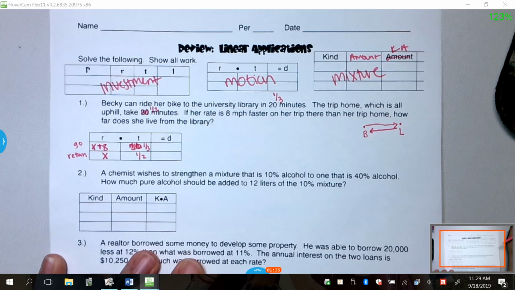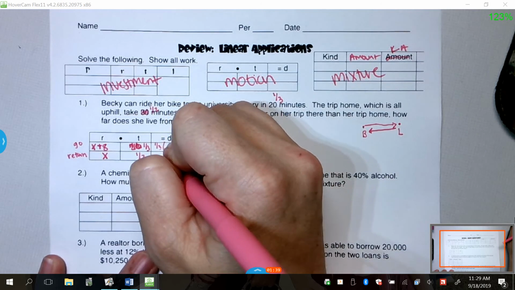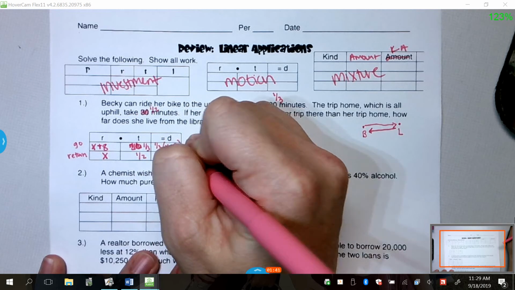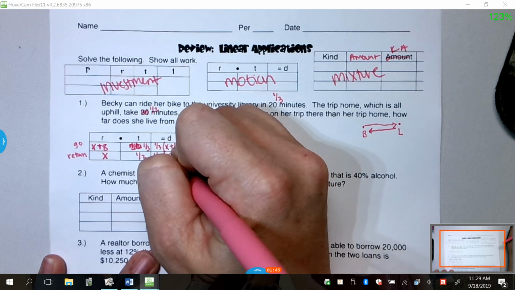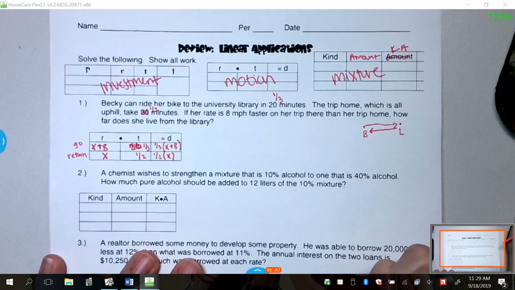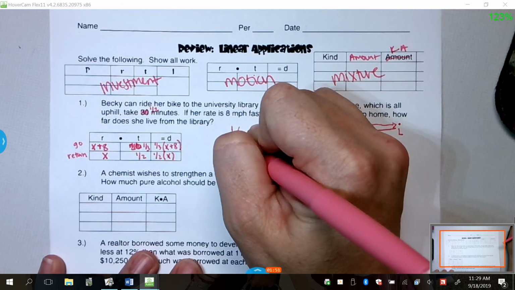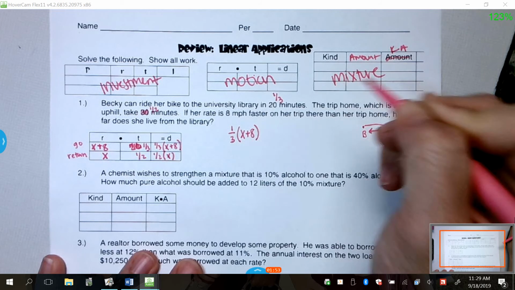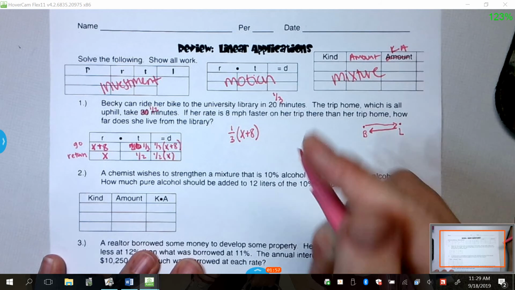Okay, so we know for distance we're going to multiply these. This one, because of the ugly fraction here, is easier to multiply. So we know we have 1/3 times x plus 8, and since we're going the same trip back and forth, we know that the two distances are equal.